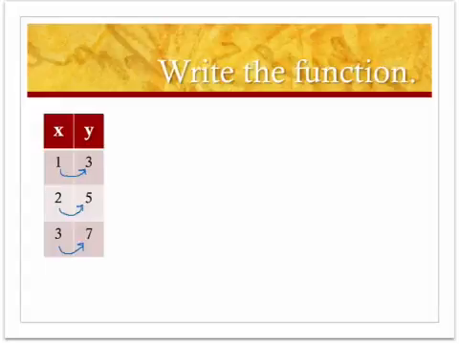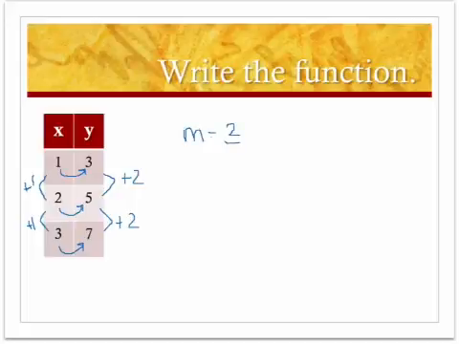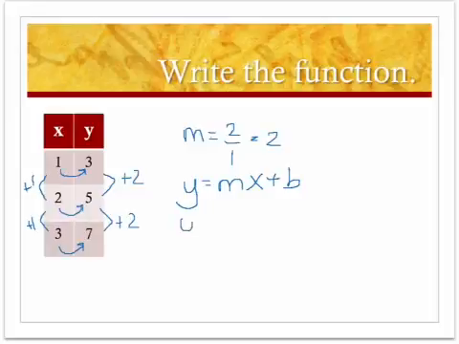Let's first check to see if it's a line by finding the slope. I'm noticing that this is going up 2 each time, and on the left the x's are going up 1. So if I think about my slope, it's change in y over change in x, so I get a slope of 2. If I have my traditional equation of a line, y equals mx plus b, I have 2x plus b.